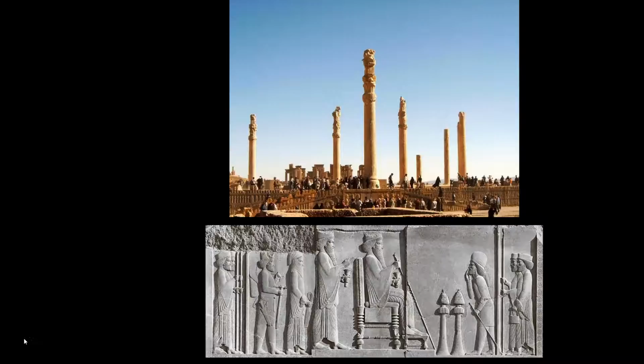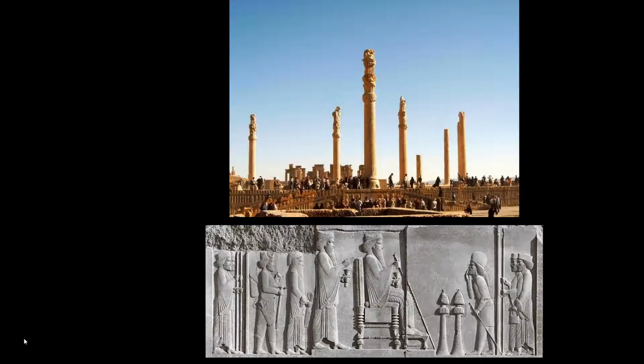Here is your 6. Well, this is from a culture that made columns that were very straight. This is an image above of a palace site in modern-day Iran. The site is called Persepolis. These columns are almost 70 feet tall.